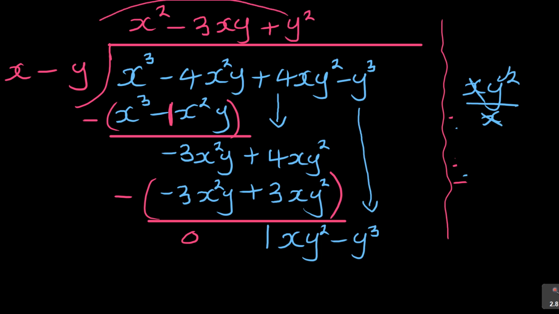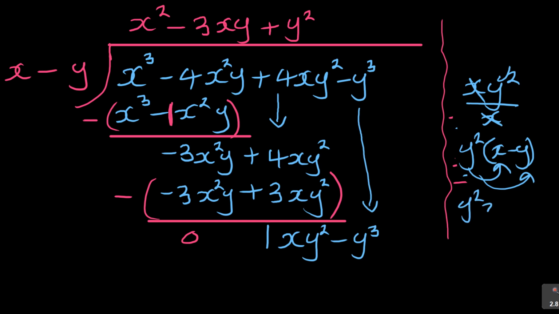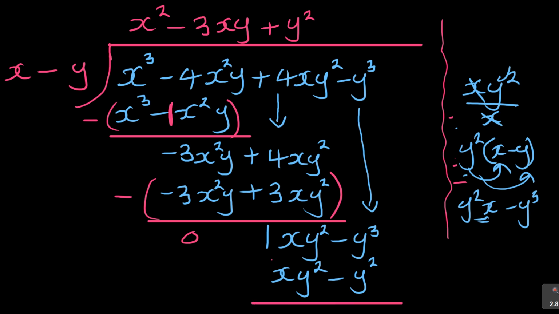Then that y squared multiplies similarly. So in a way you are saying here it's y squared multiplying by x minus y. So when you open, y squared times x is y squared x, and then y squared times y is minus y cubed. That's what you write. So you have got here y squared x. Let's start with x. It is xy squared minus y cubed. Guys, it's not by chance, it's intentional. This must always be like that when you're working it right.